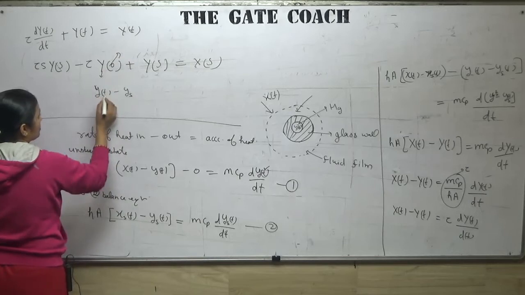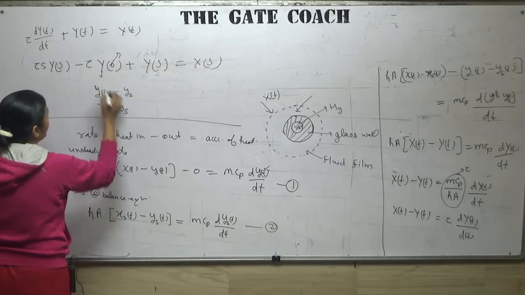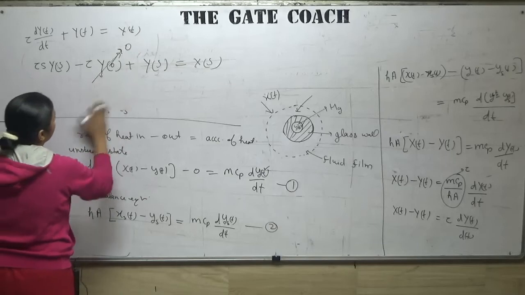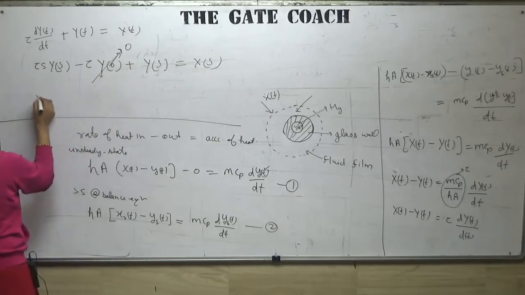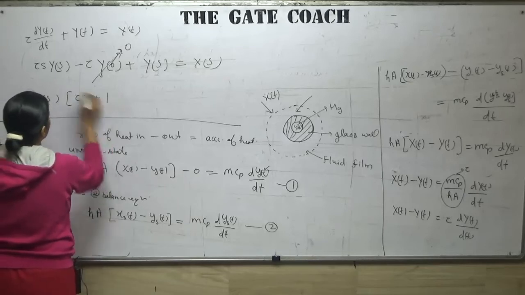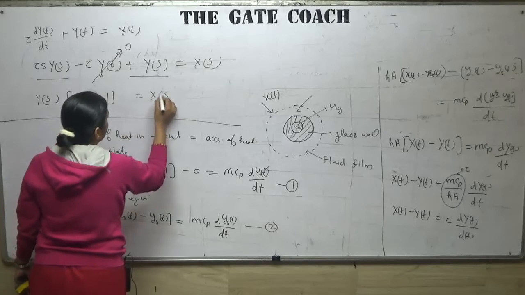At time t equals 0 it is also at steady state, so y_s minus y_s will come as 0. So take Y(s) as common: (tau s plus 1) Y(s) is equal to X(s).